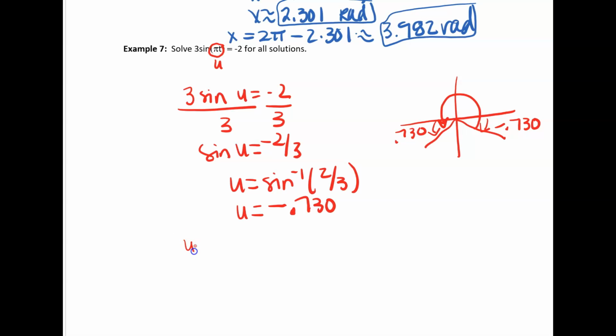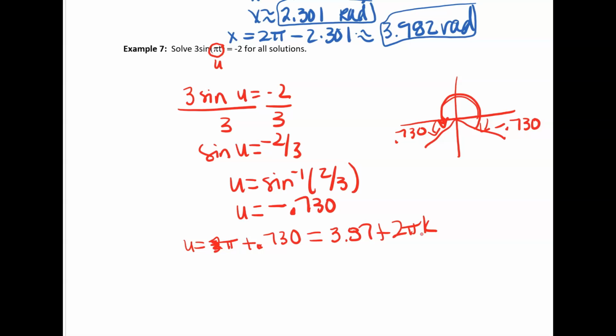And so that would be 2 pi minus 0.730. Excuse me, got ahead of myself. Pi plus 0.730, because we're going to move pi and then add a little 0.730, and that's equal to 3.87 plus 2 pi k.